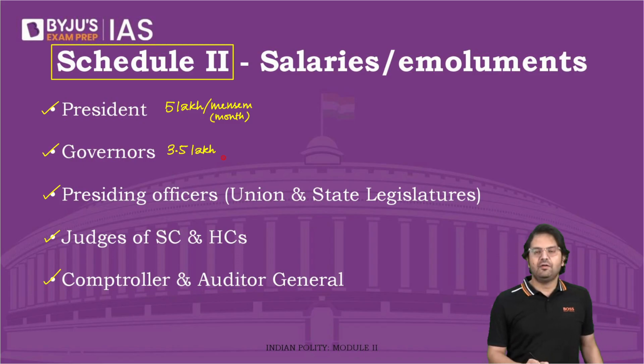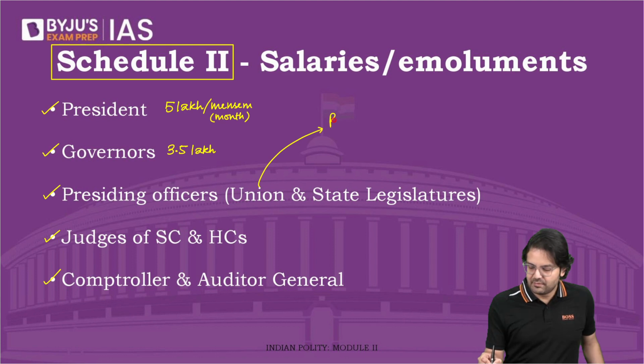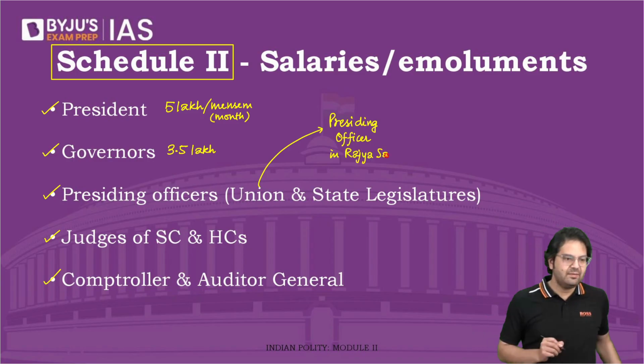Then presiding officers, it varies from state to state, but there is one presiding officer, the presiding officer in the Rajya Sabha. Can you please tell me who this person is? Anyone?